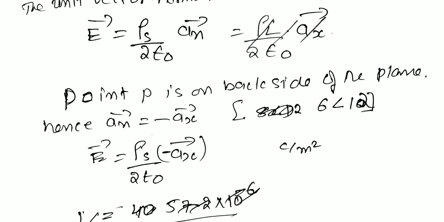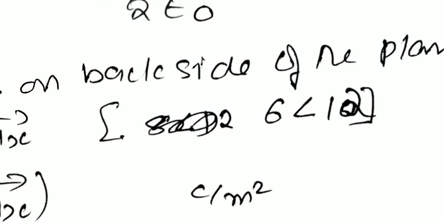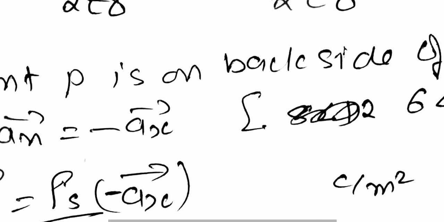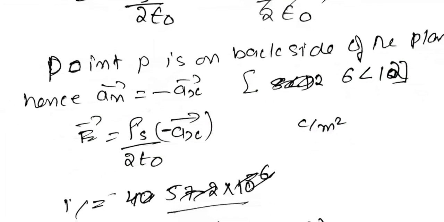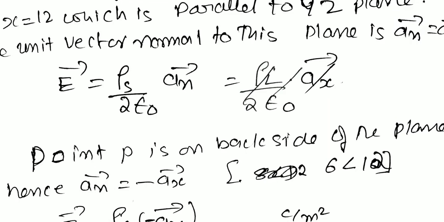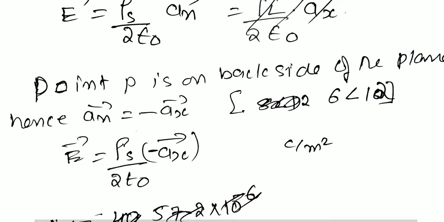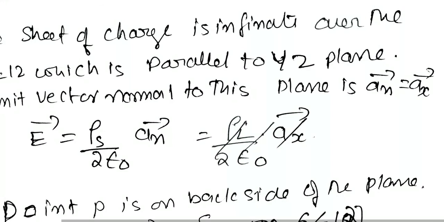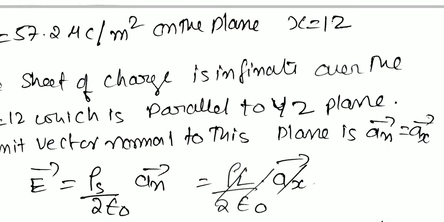So in short, the point of measure is present at 6 and the sheet is present at 12, and 6 is less than 12. For that reason, I have to take aN equal to minus aX. And the formula of E is given by rho s divided by 2 epsilon naught into aN. aN is the only thing I have to calculate, by using this x equal to 12.